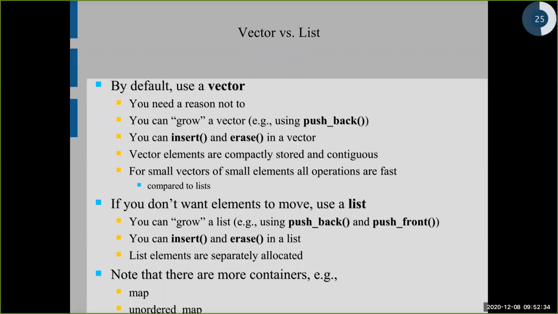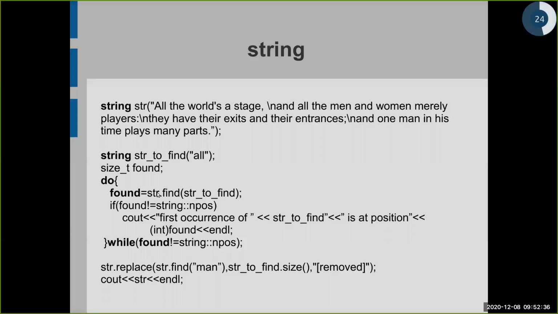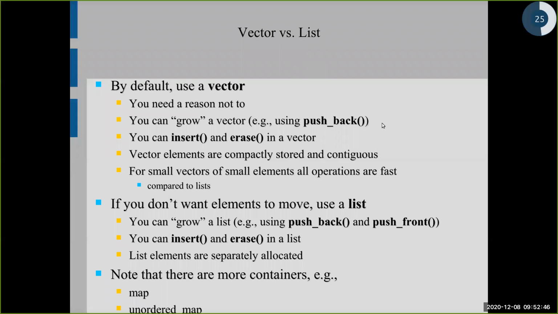There are additional methods like find, replace, which are dedicated for text operations, but from the dynamic data structure perspective, vector and strings are the same.